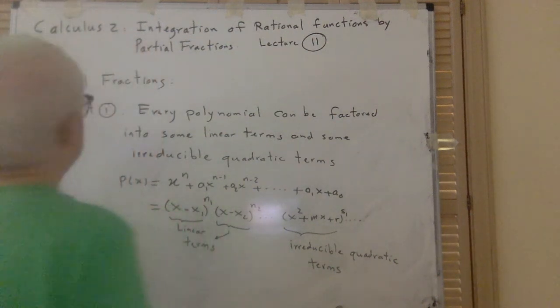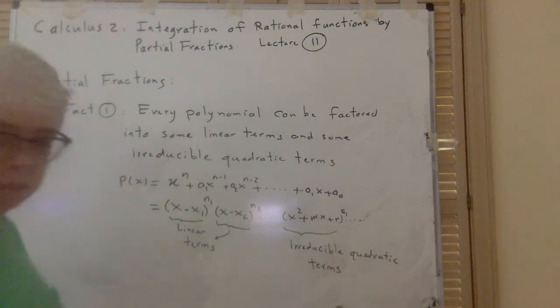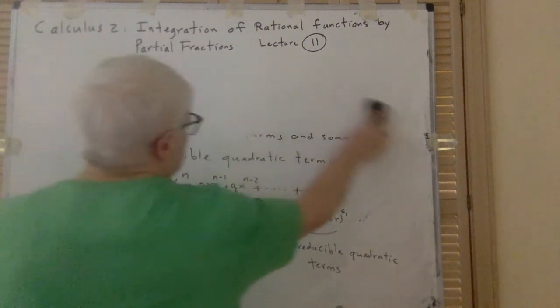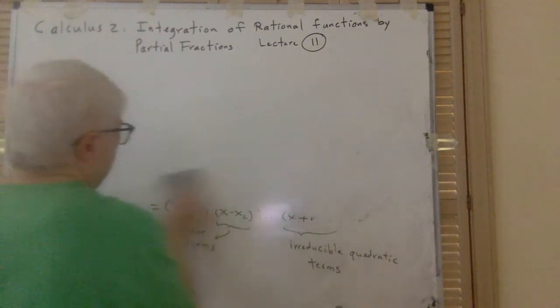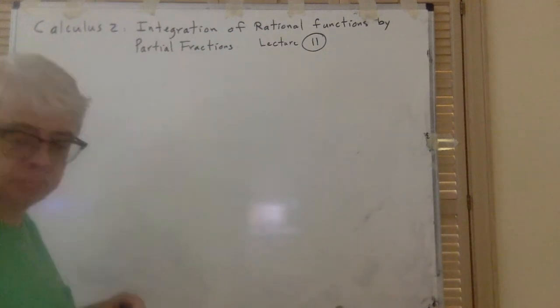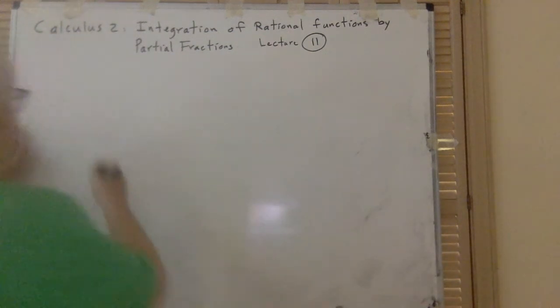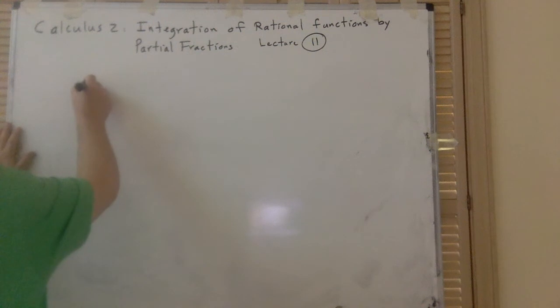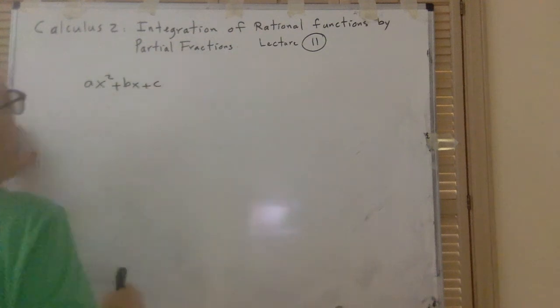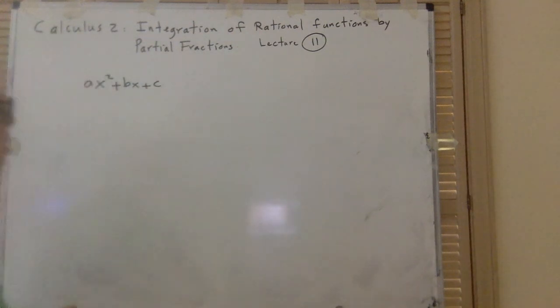So let me erase this and define the irreducible quadratic term, because that's crucial here. So if I have, say, ax squared plus bx plus c, well, this can be factored anyway.